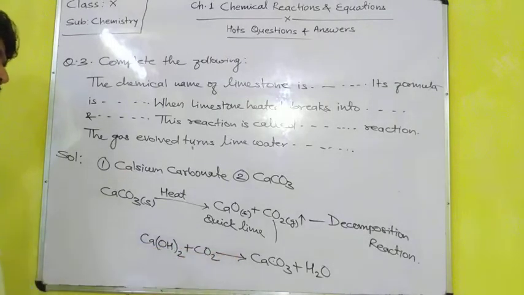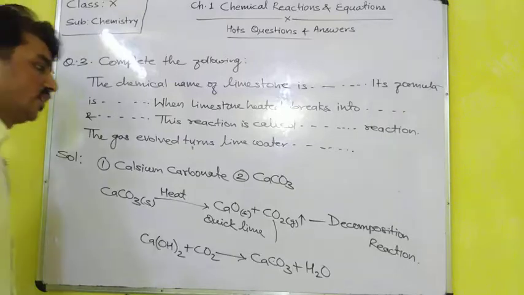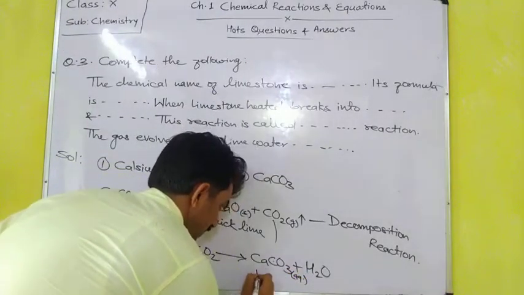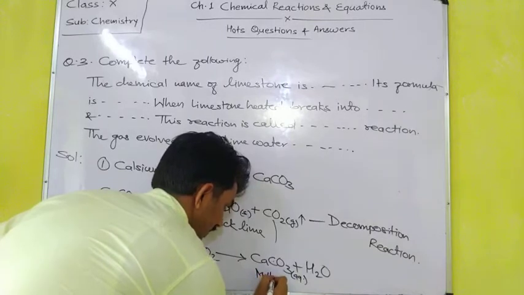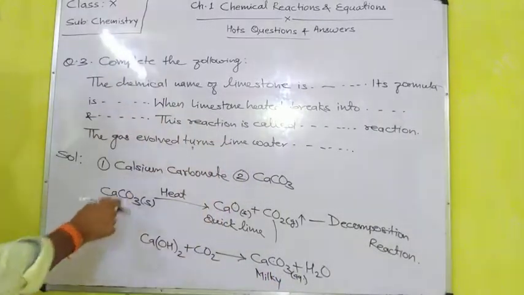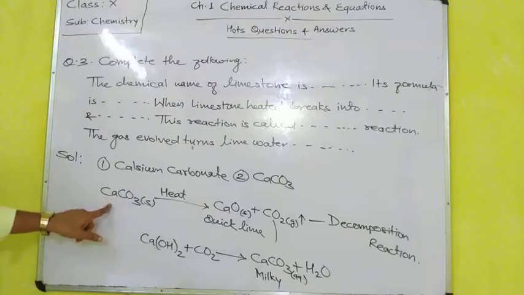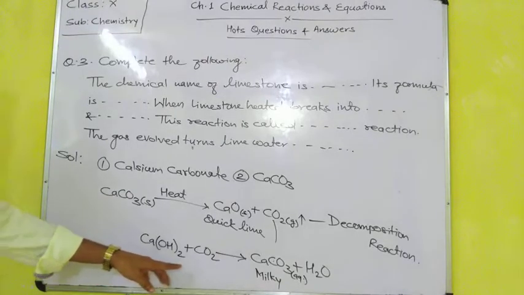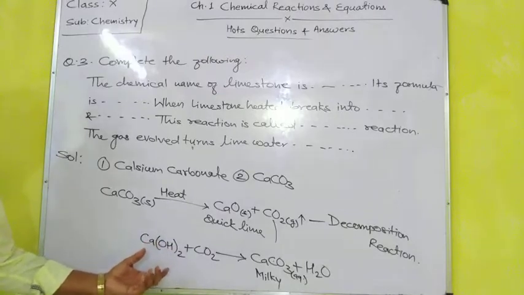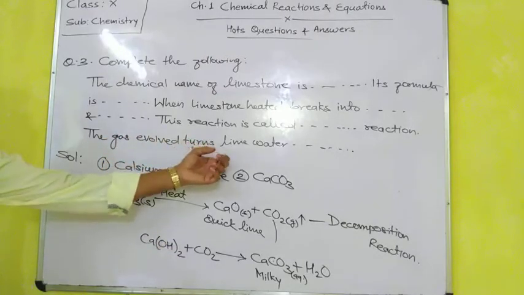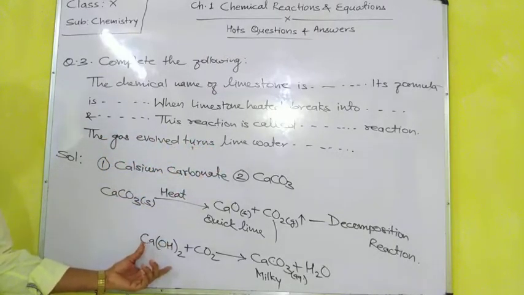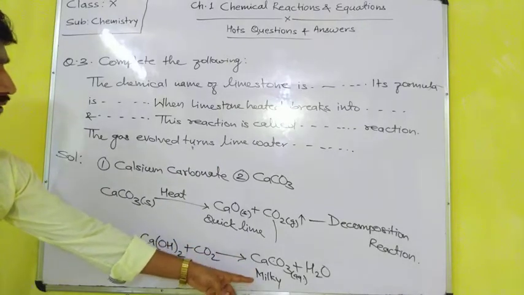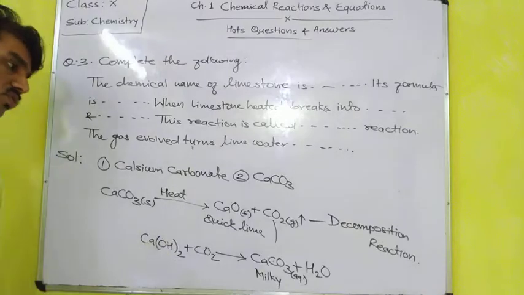Lime water is a solution, the aqueous form, so it is milky. Here calcium carbonate is in the solid form, but when carbon dioxide is passed through calcium hydroxide, the gas evolved turns lime water milky. So when it is passed, it becomes calcium carbonate, and here it is a milky solution.